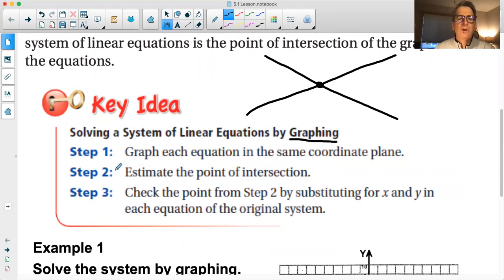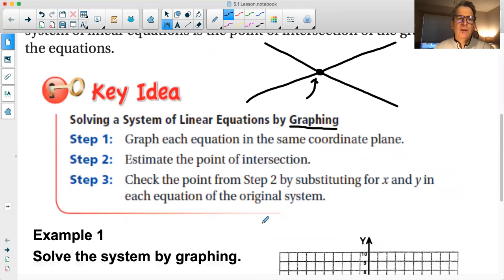Step two, we estimate the point of intersection. Step three, we check that point from step two by substituting for x and y in each equation of the original system.